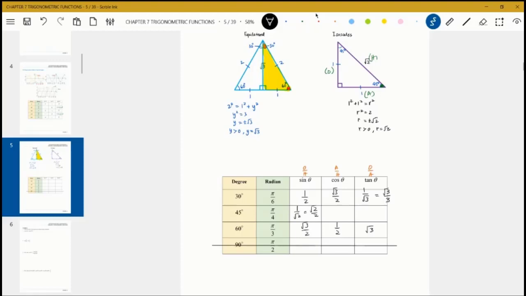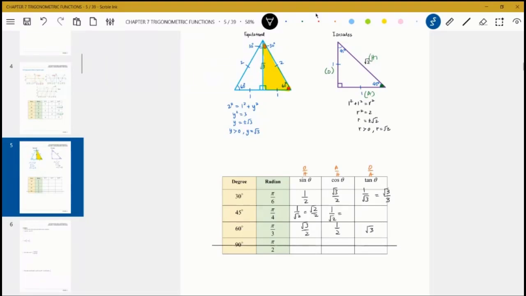Okay, and then for the cos 45, what do we get? Adjacent over hypotenuse. Cos 45, adjacent is 1, and then hypotenuse is square root 2.